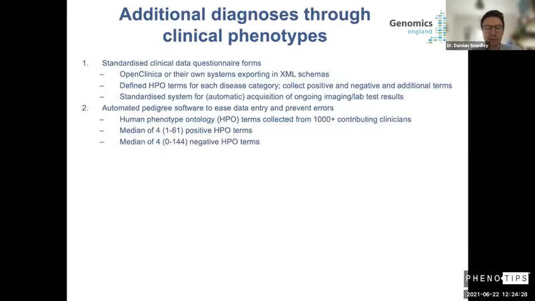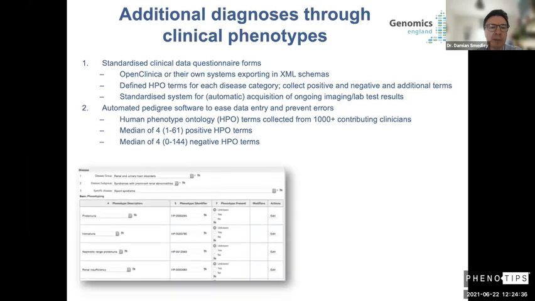But alongside this panel-based pipeline, we do also have access to human phenotype ontology terms for each of the rare disease probands. We've managed to collect a median of 4 positive and 4 negative HPO terms, and the reason is that right from the beginning, a system was built to collect this data.